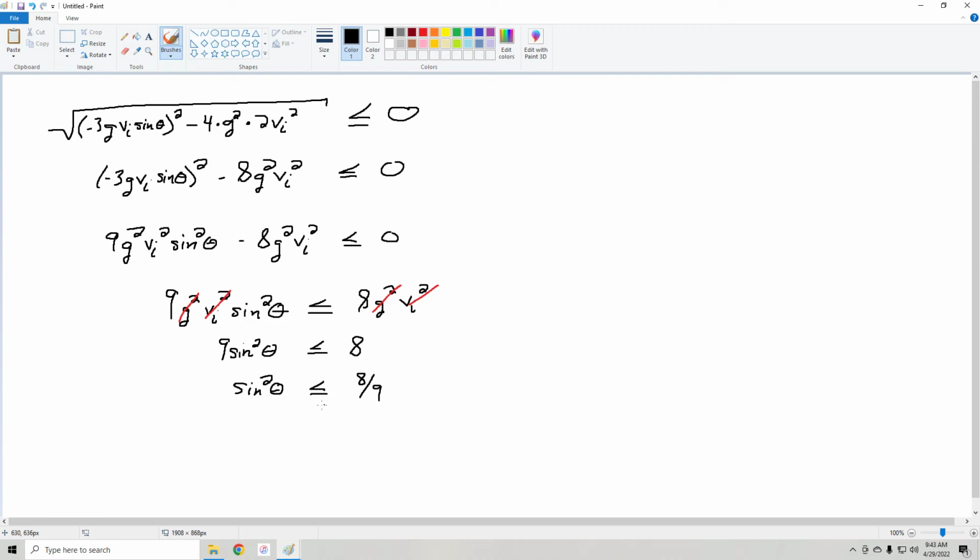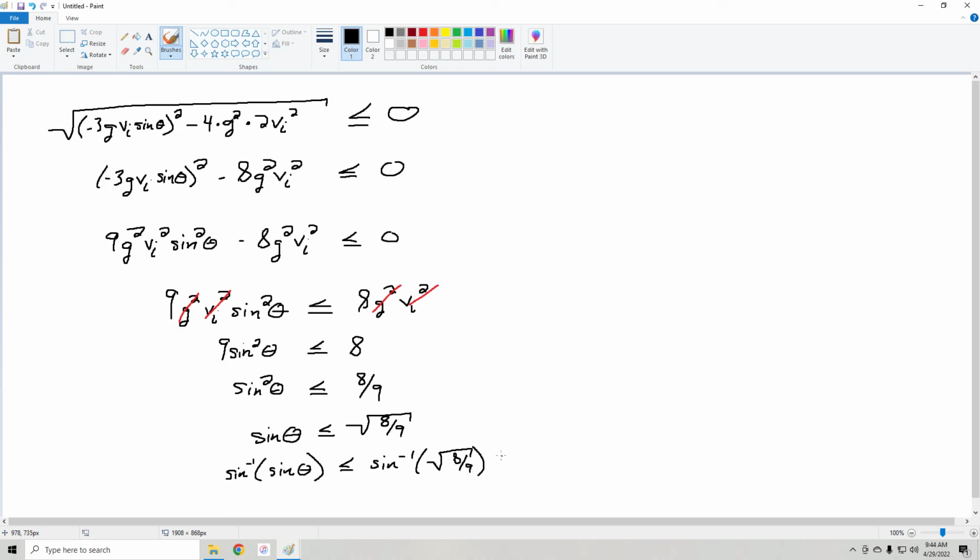If I take the square root of both sides, it says that sine of theta has to be less than or equal to the square root of 8 over 9. And if I use an inverse sine argument, sine inverse of sine of theta is less than or equal to sine inverse of root 8 over 9.